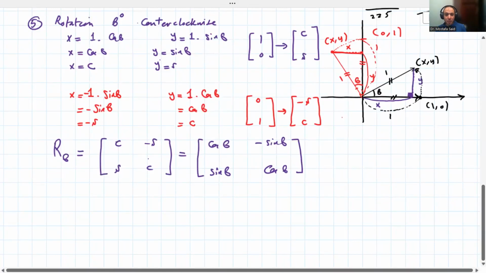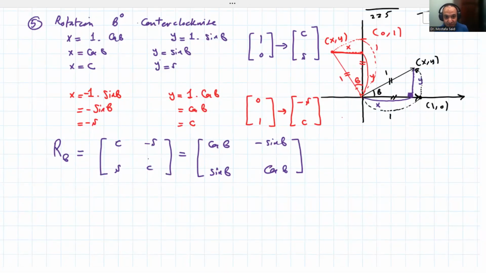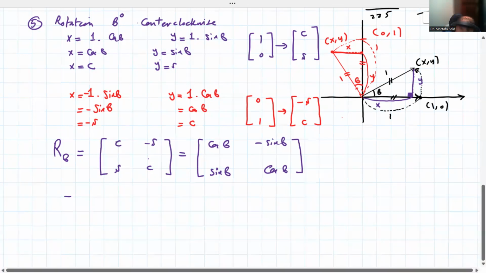The moment of truth comes when you check that this is the general rule, the general rotation with any angle theta. If we put 90 or minus 90 or 270, 180, we should get what we did at the beginning of this lecture. So let's start to check that. Check number 1: theta equal to 90 degrees counterclockwise.